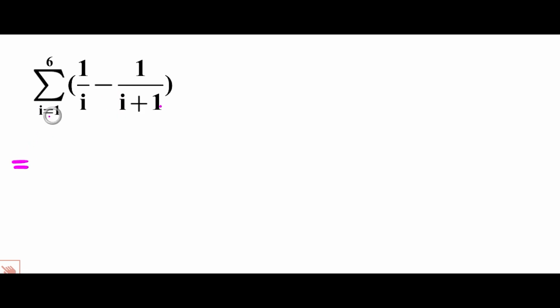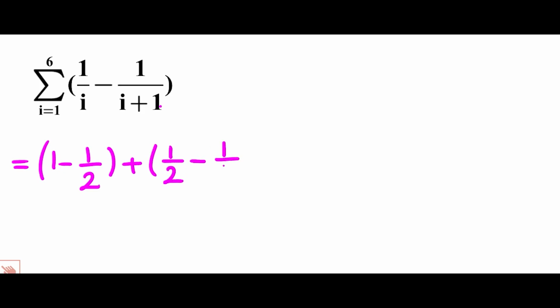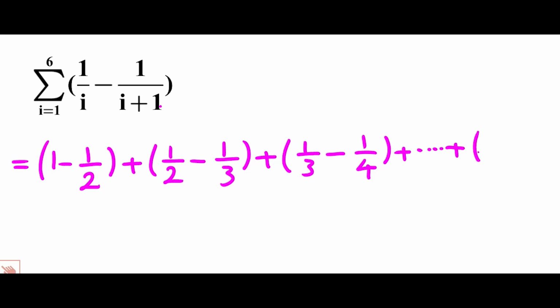When i equals 1, we have 1 minus 1 half, plus when i equals 2, we have 1 over 2 minus 1 over 3, plus 1 over 3 minus 1 over 4, plus, when i equals 6, we have 1 over 6 minus 1 over 7, right?